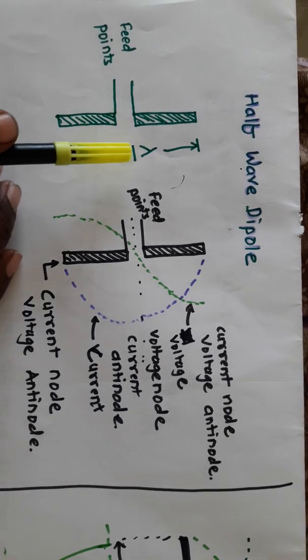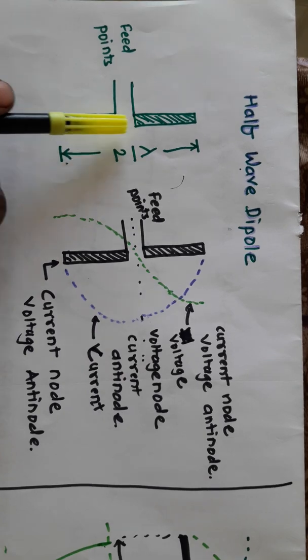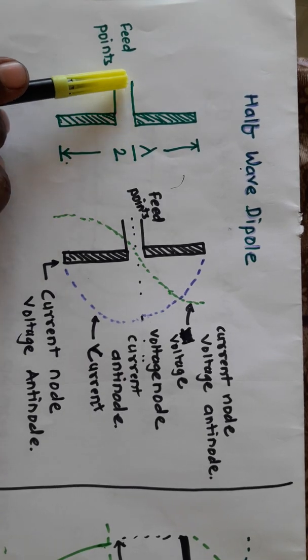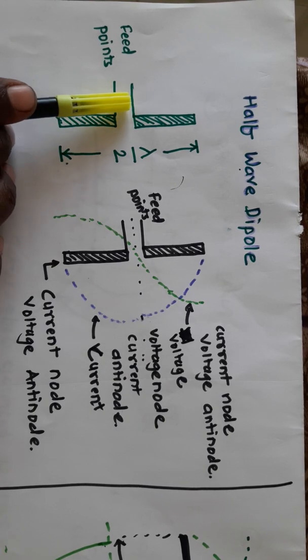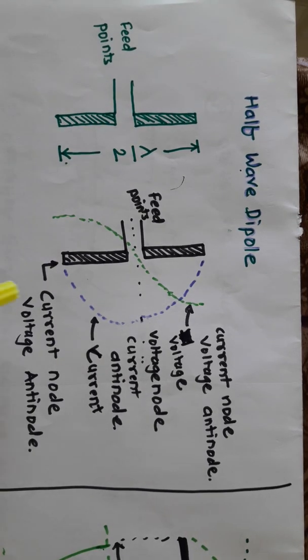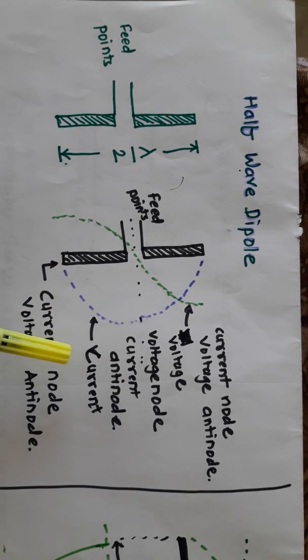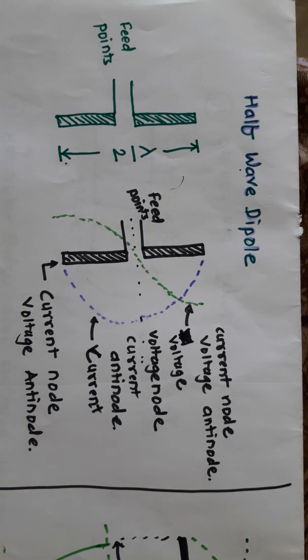Now, as the ends are open ends, voltage standing waves are generated within this transmission line, and these standing waves create voltage nodes and antinodes in this dipole antenna structure. Here you are observing the standing wave voltage and current structures.